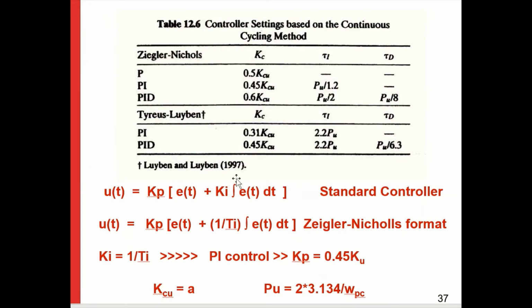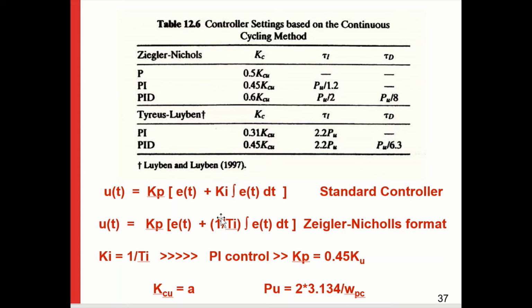The Ziegler-Nichols and Tyreus-Luyben rules look like this. If you're doing PI, it's 0.4 times the gain that makes it go unstable, and Ti is Pu over 1.2. Now remember, Ti is 1 over Ki.